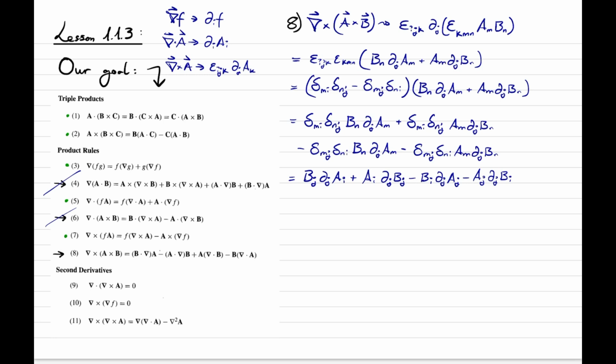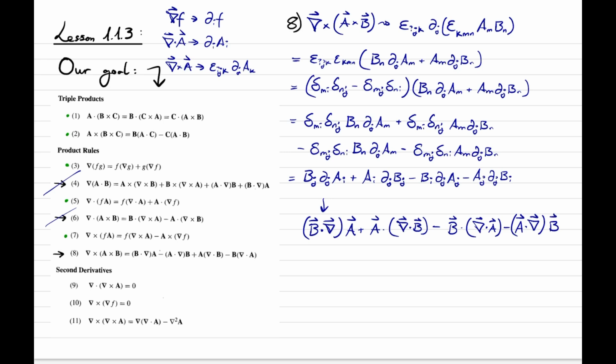Now we can translate this back into vector notation, and we have the dot product of b with the nabla acting upon the vector a, plus a times divergence of b, minus b times divergence of a, minus the dot product of a with nabla acting upon b.